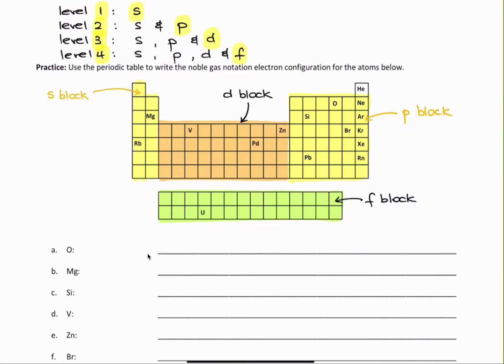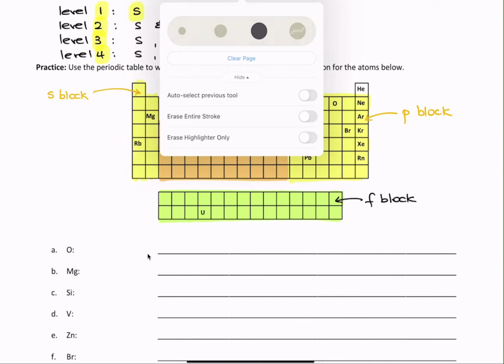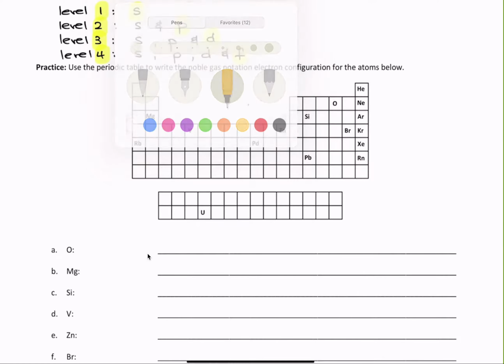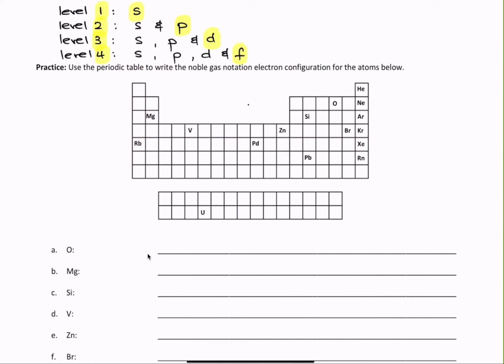Why is this helpful? This is actually helpful in understanding how we're going to fill the sublevels. So let me just delete this now and go back so you can understand. If this is the S block here, the first two columns, then I have here the 1s, because S starts at 1, 2, 3, 4, 5, 6, and 7.